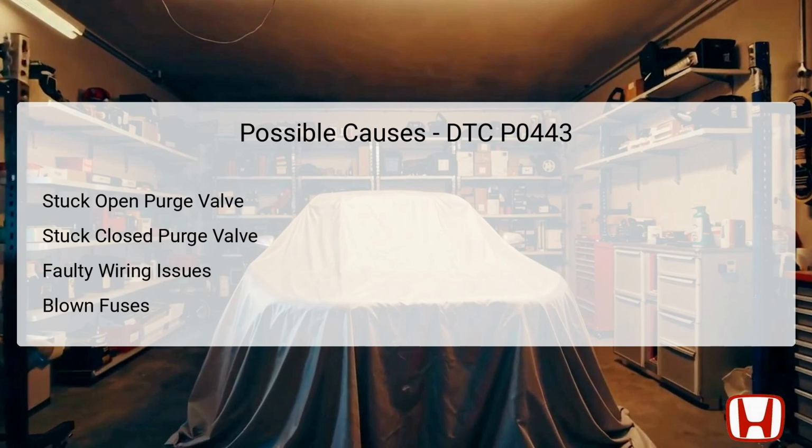Another potential issue could be faulty wiring between the purge valve and the powertrain control module, PCM, which can hinder signal transmission and proper operation. Additionally, a blown fuse could also lead to the malfunction of this circuit. These possibilities emphasize the importance of thorough diagnostics to determine the specific fault affecting the purge valve circuit.